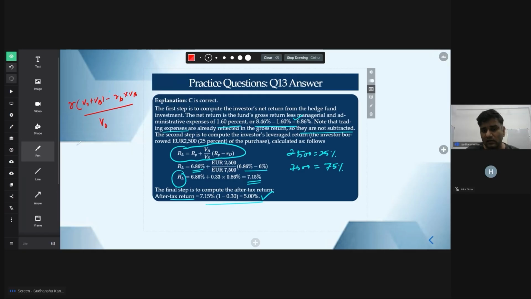In this particular case, R is your initial amount we are talking about. V naught is 7,500, and V naught plus VB is your 10,000.